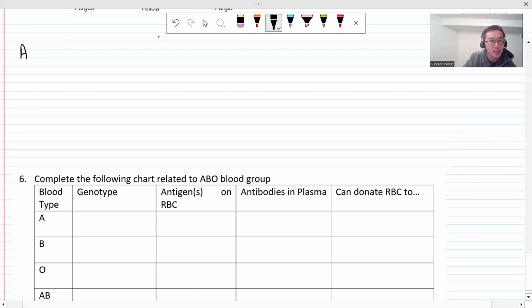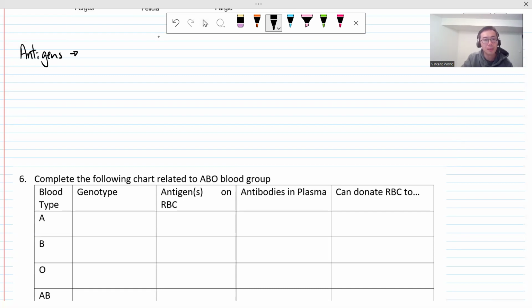Okay, so antigens. These are molecules found on cells.